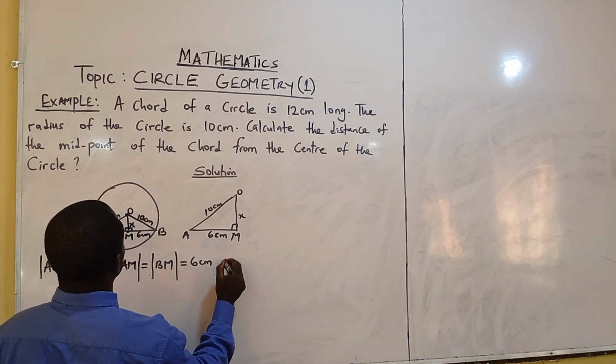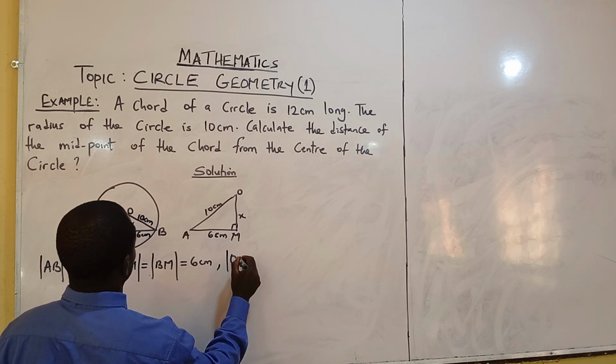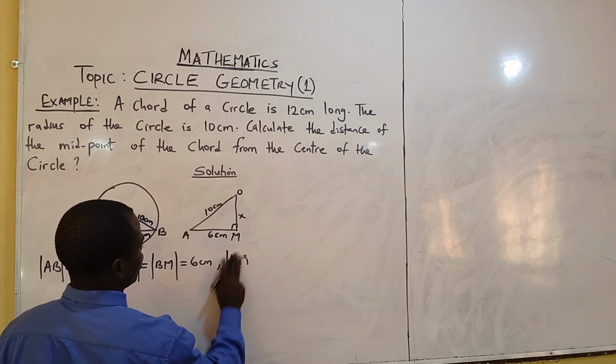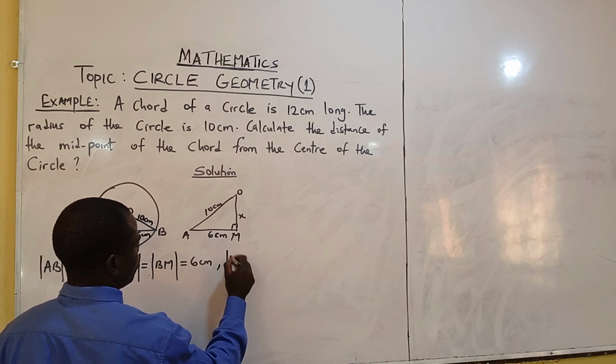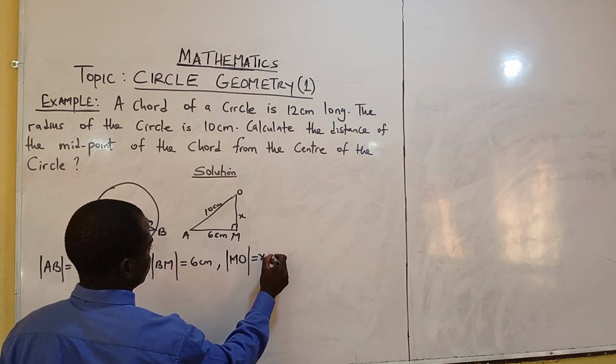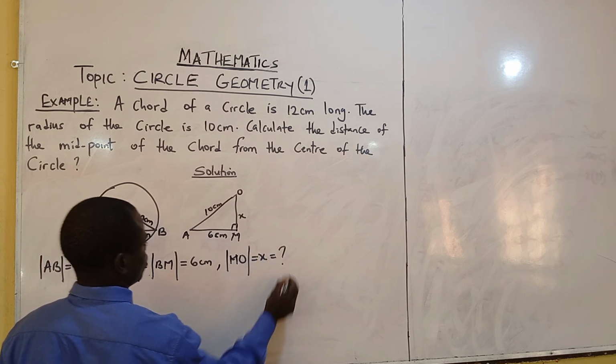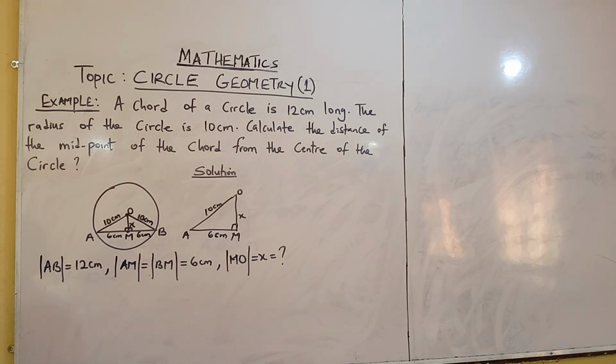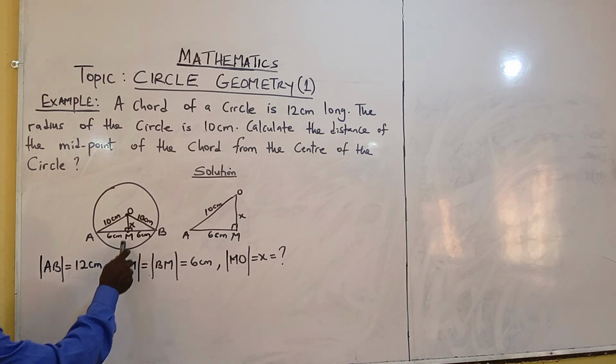And what you are looking for, line OM or MO, equals X, is unknown. We don't know it. That's what we are looking for, because we have to calculate the distance of the midpoint of the chord from the center of the circle.